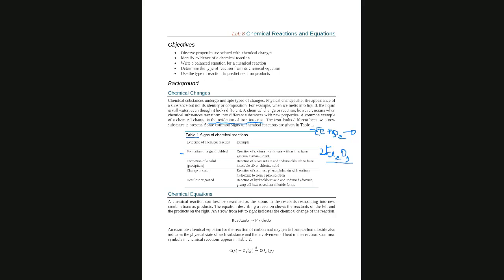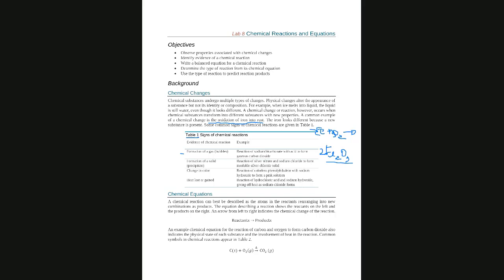When we mix two liquids, and here they're giving us examples, but we'll go over them in the report. Another sign: you mix, let's say, two clear solutions, like transparent. And what do you see? A solid forms, a precipitate forms. Why do we call it a precipitate?